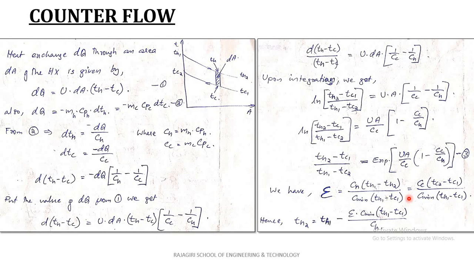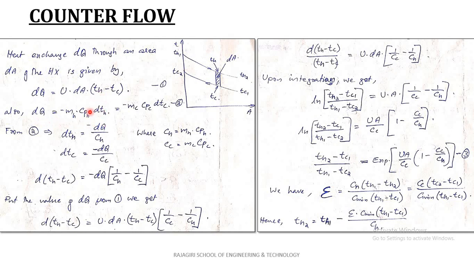effectiveness for a counter flow heat exchanger. Let's take a counter flow heat exchanger. Here also take an elementary area. The heat transfer through that area is dQ, and the temperature difference at the elementary area is Th minus Tc. You can write the equation dQ is equal to U dA (Th minus Tc).